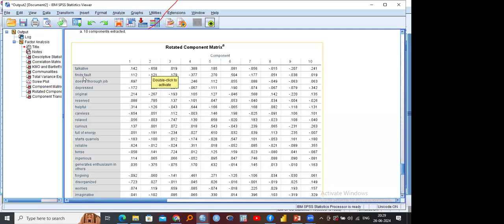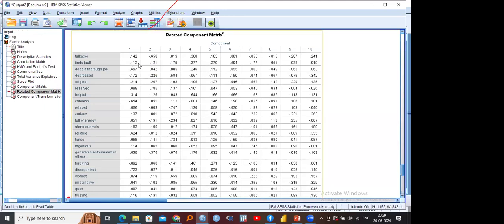Can anybody tell me which component finds fault will go into? Finds fault goes into component 6. Very nice. Does a thorough job goes into component 1. Right. So this is how you are going to decide which variable goes into which component.